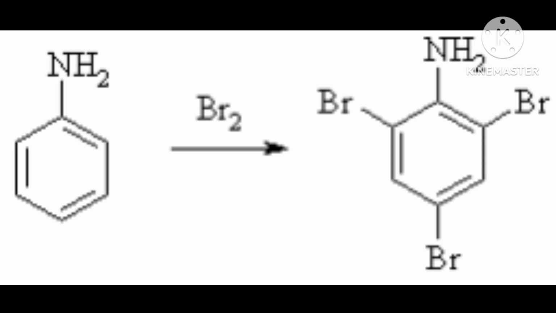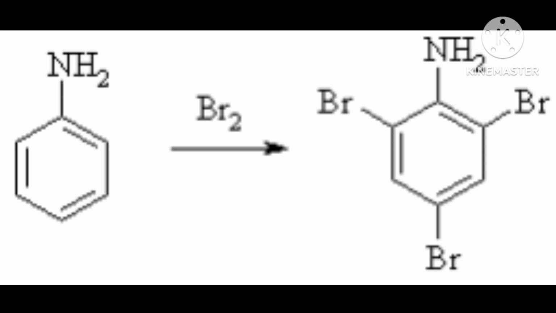The main problem encountered during electrophilic substitution reaction of aromatic amines is their very high reactivity. The reaction is highly reactive. Substitution tends to occur at ortho and para positions.